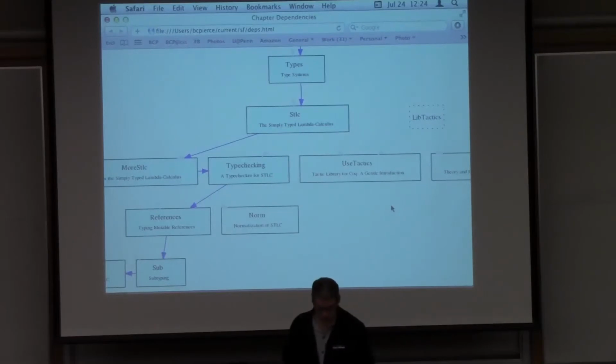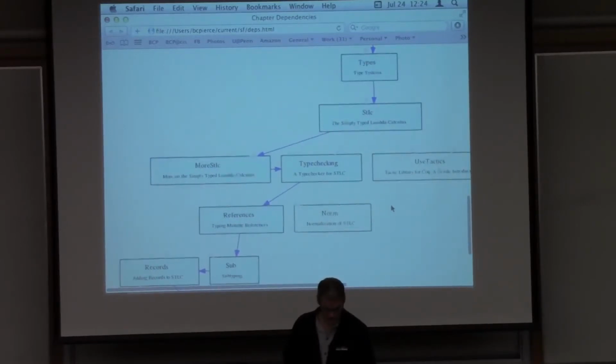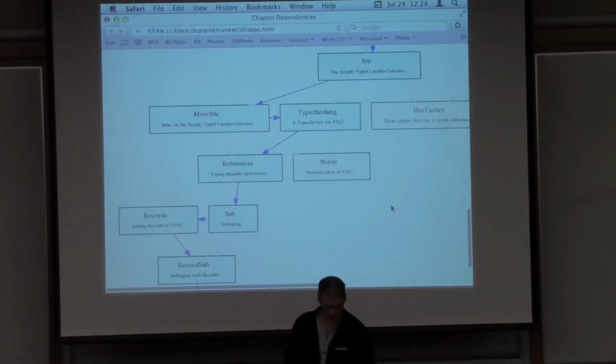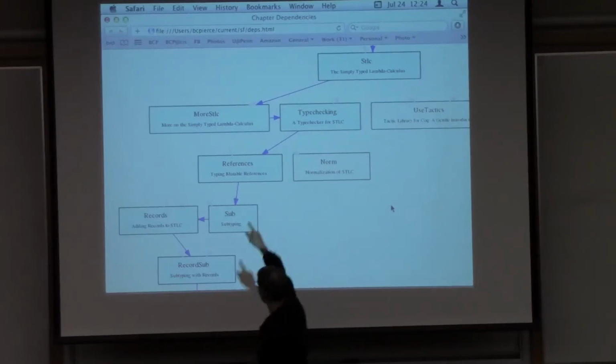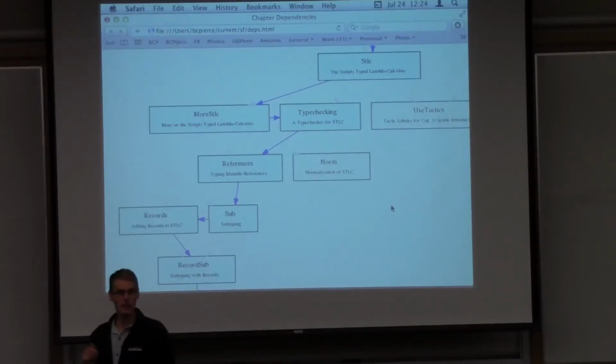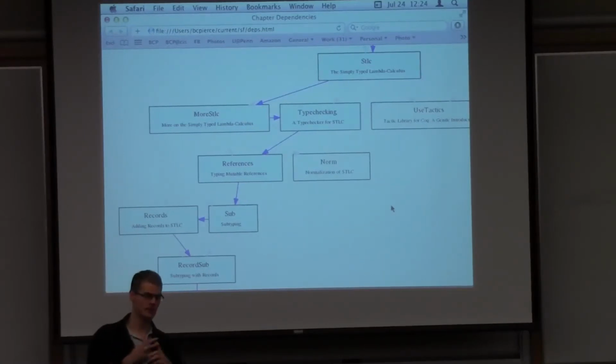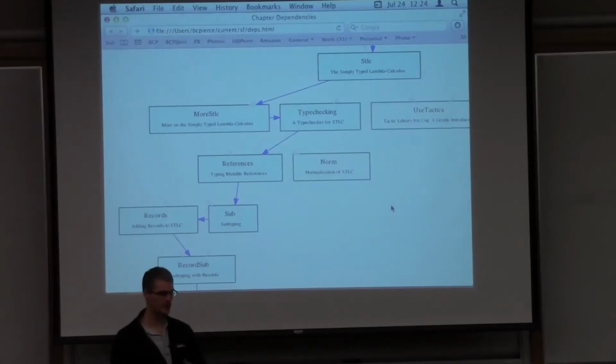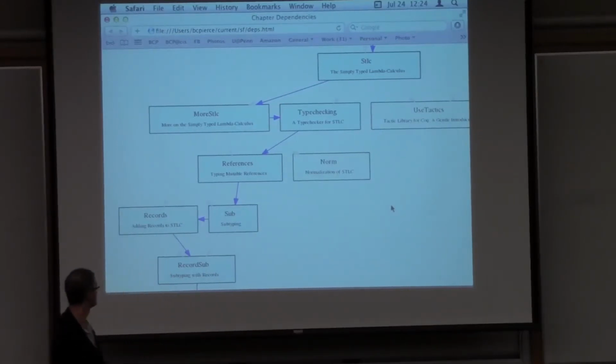Just to show you the rest of what's in the book, since we're looking at the dependency diagram, over here we have a chapter called More STLC, that shows how to add products and sums and records and all the kind of stuff that you would want in a programming language that isn't in the raw lambda calculus.